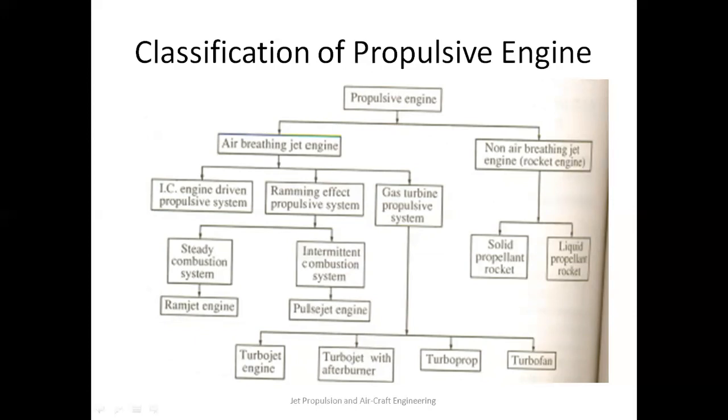If you look at the other end, the non-air breathing engine can be further classified as the solid propellant rocket and the liquid propellant rocket. This classification is based on the types of fuel they use for combustion. So this is all the classification of propulsive systems. We are going to see each of these examples in detail later in this video lecture.